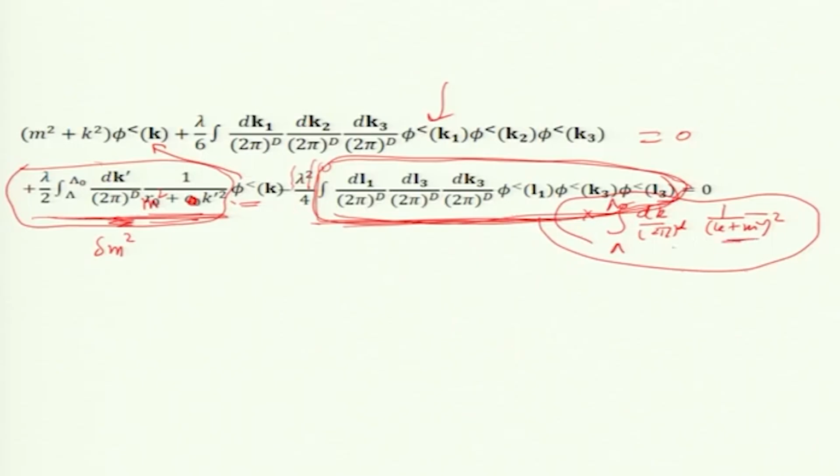So, what should it correct? It gets added to lambda by 6. So, my lambda by 6 is getting a correction: the new one is lambda by 6 minus lambda squared by 4 times this integral. So, my new lambda is less than the old lambda, and how much less? It is this factor, lambda squared by 4.